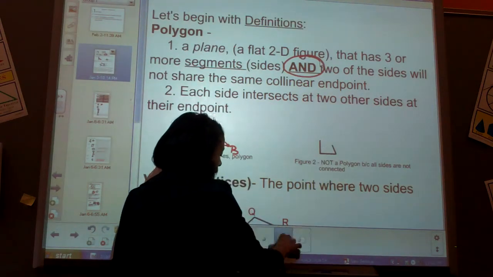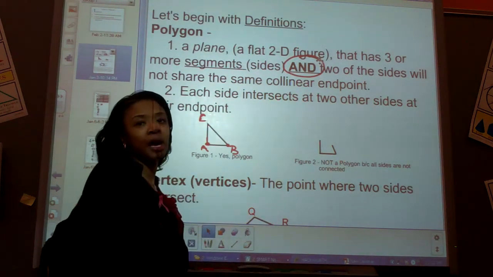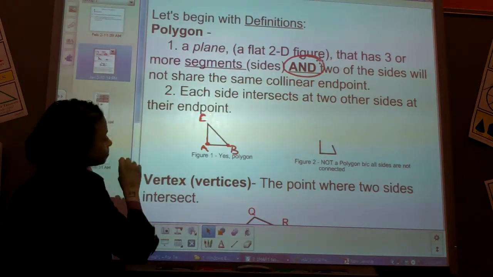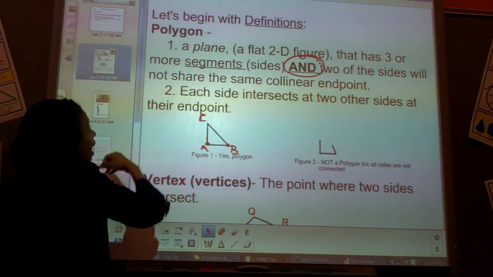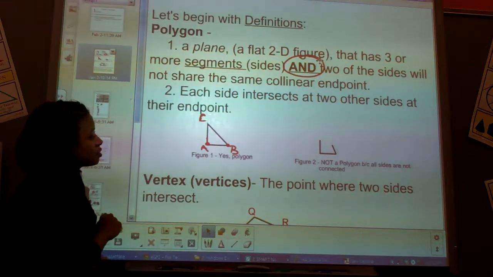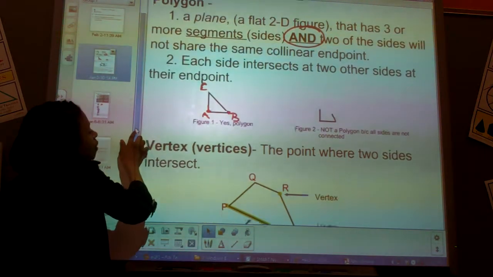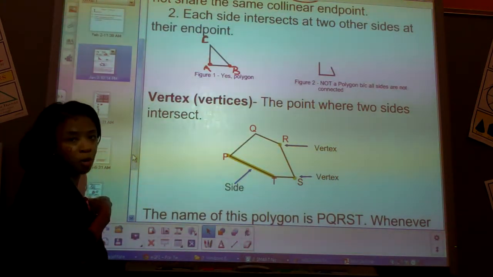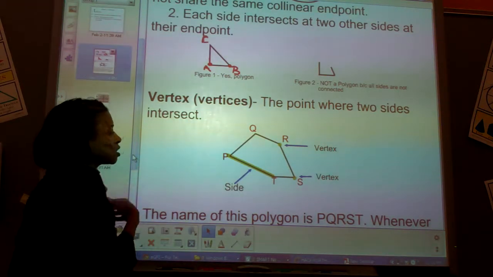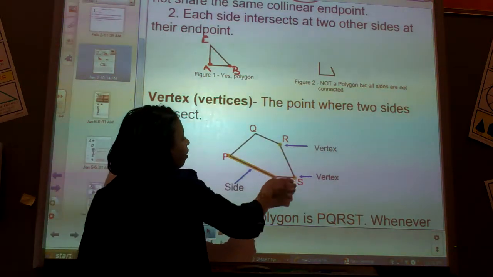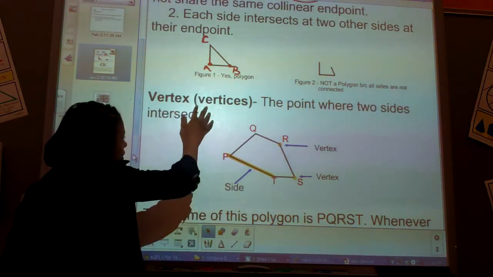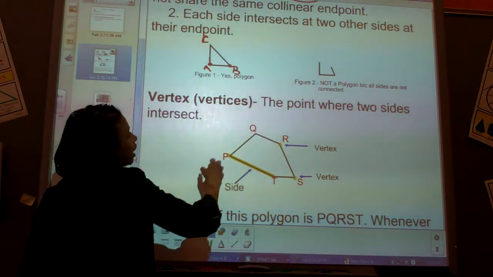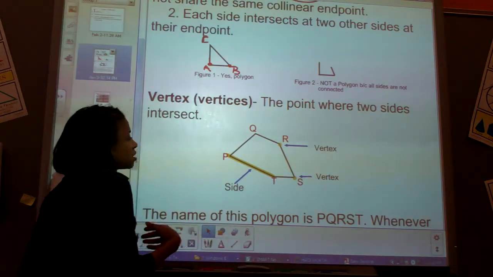And while I'm talking about polygons, polygon means many sides. The word poly means many. Vertex and vertices. We should recall from chapters ago what a vertex is. Vertex is singular. When I have more than one vertex, they are called vertices. A vertex is the point where 2 sides intersect.